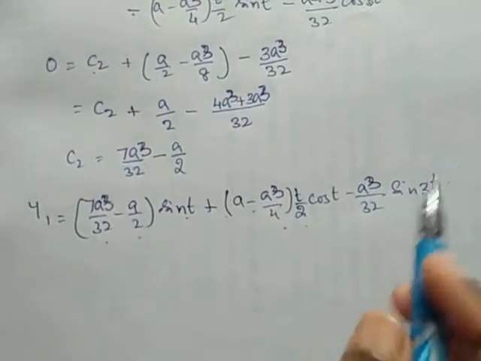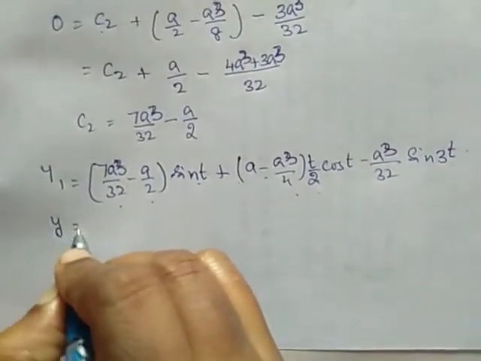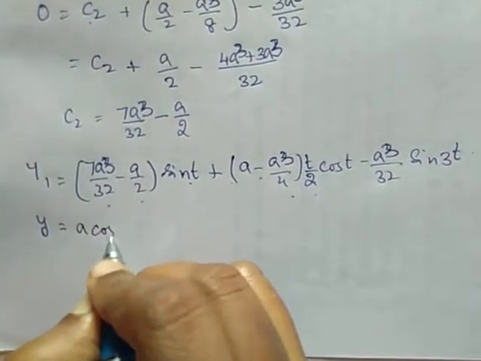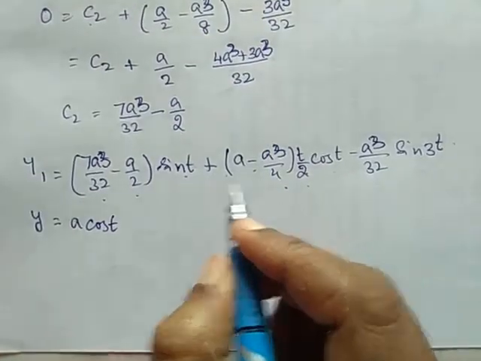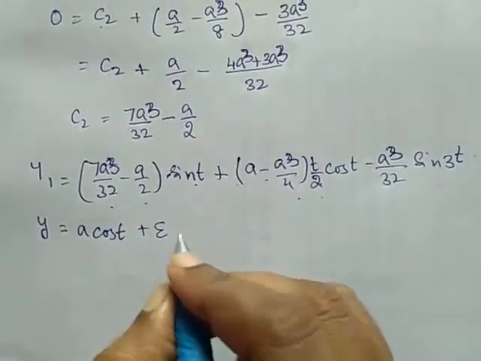So now we have to substitute these values in our main equation. y is equal to y naught. What is our y naught? a cos t plus epsilon into y1. This is our y1.